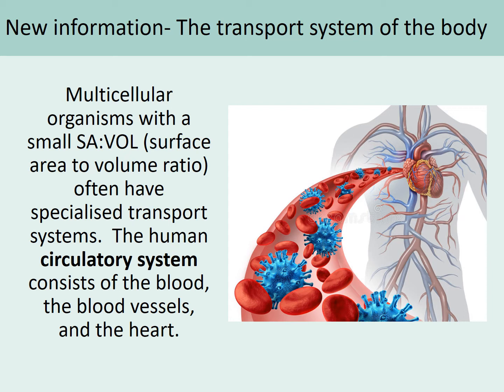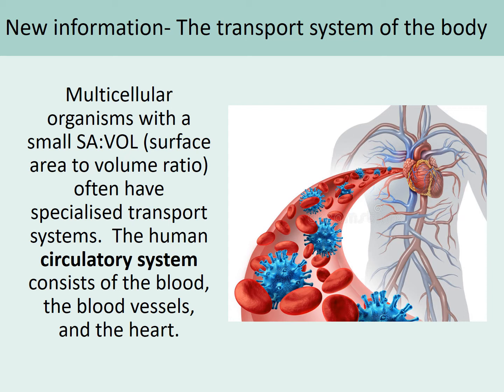It is another system, obviously incredibly important, and it's all about moving or transporting stuff around the body. So if you've got a unicellular organism like a bacteria, they've got a much larger surface area to volume ratio. So they don't need to transport stuff around because they're not very big.